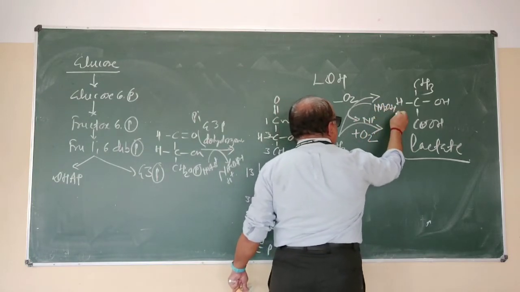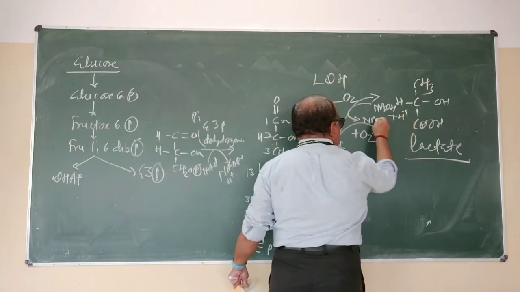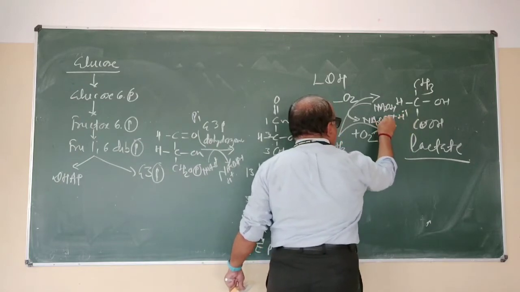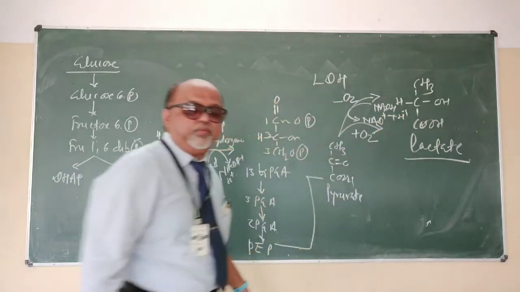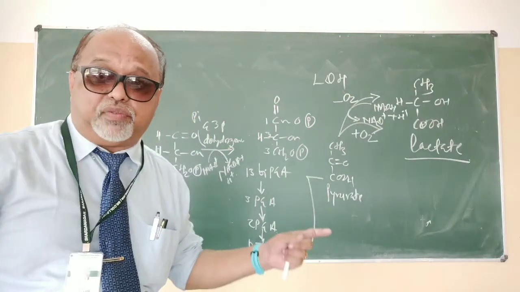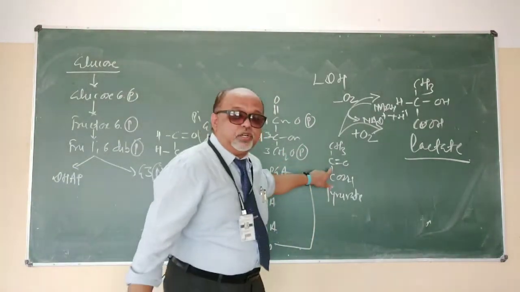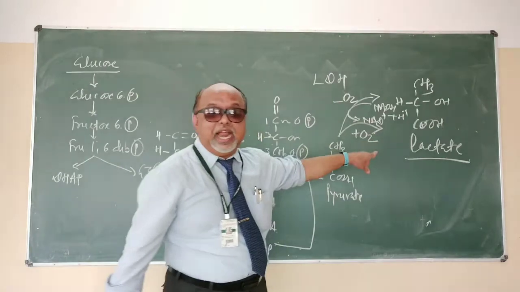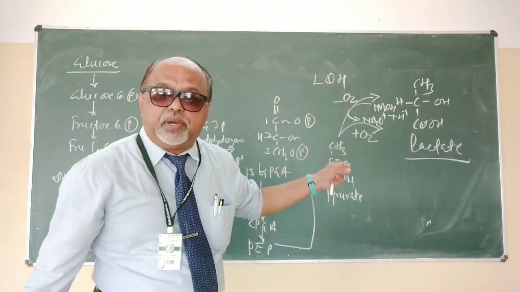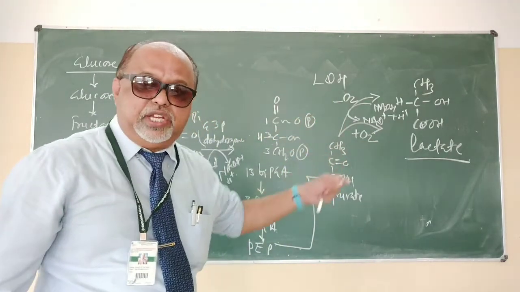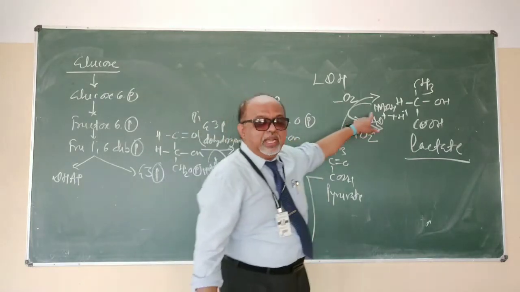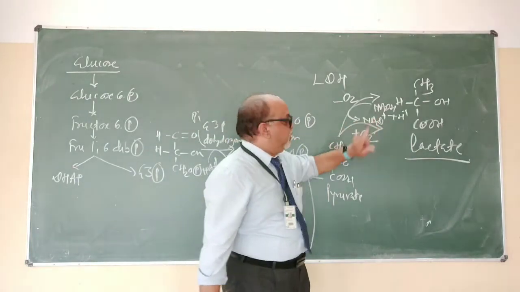During the reaction, NADH plus H plus is oxidized to NAD plus. There is a reduction of pyruvate into lactate, and for reduction it requires a reducing agent, which is NADH plus H plus.